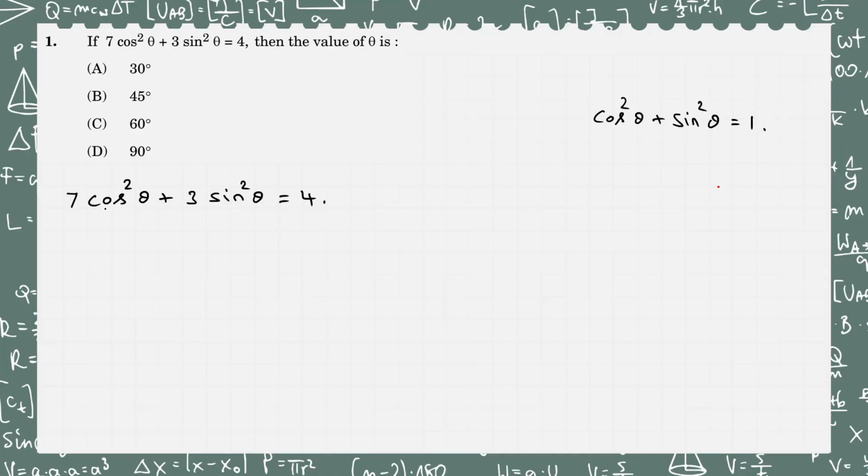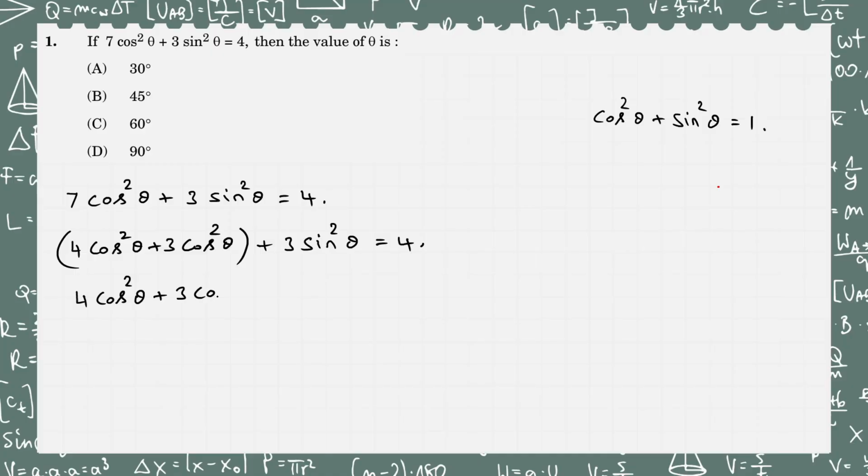This information we can use here by splitting this 7 cos square theta into two values, like 4 cos square theta plus 3 cos square theta, because the total is 7 cos square theta, plus 3 sin square theta equal to 4. Now I am going to remove the brackets. So 4 cos square theta plus 3 cos square theta plus 3 sin square theta equal to 4.